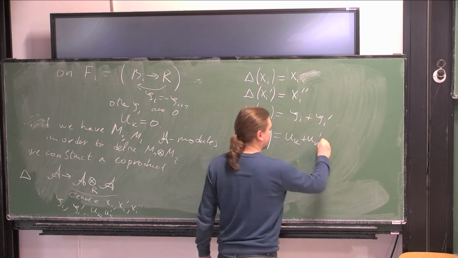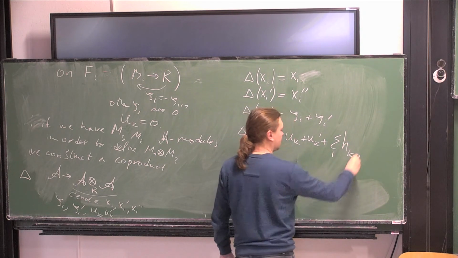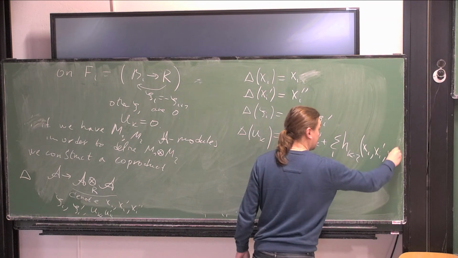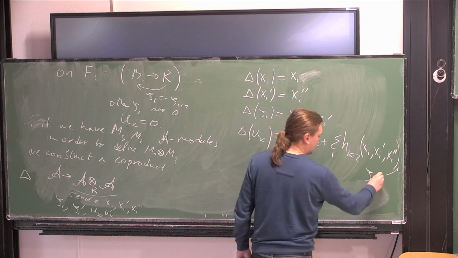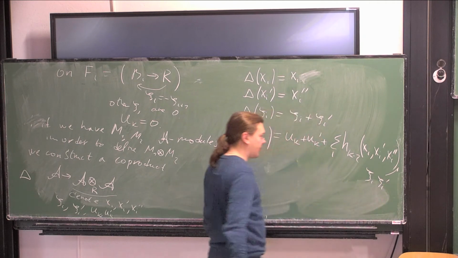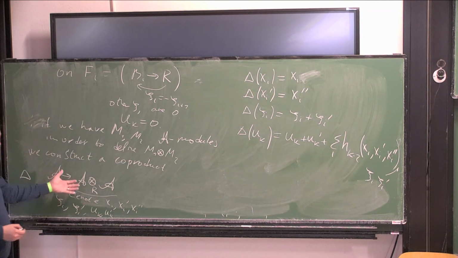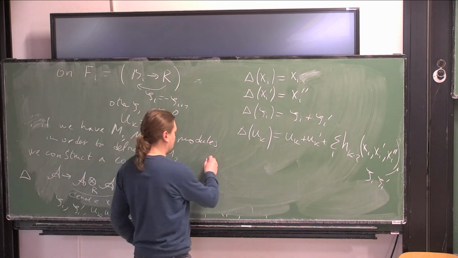Prime plus I H 2, and here we put something. Then you check that this is a DG algebra homomorphism, the differential is preserved, and then we want to prove a theorem.